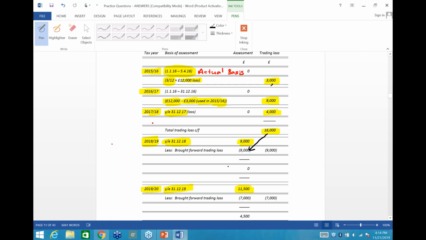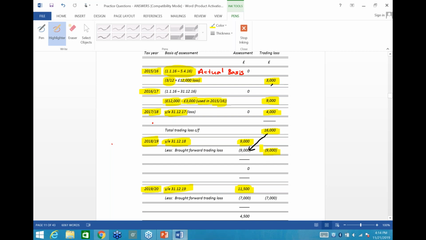There's no trading profit for the tax year 18-19 after the carry forward relief. From the 16,000 loss, you use 9,000 pounds against trading profit.